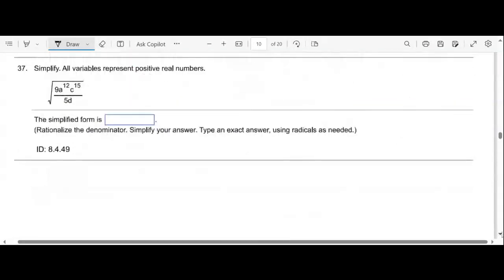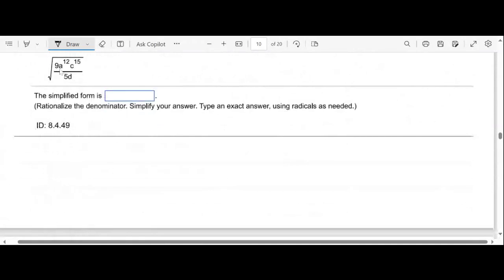All right, next one. Now I have a denominator here. I split them, okay? It's better always to split them. So I have 9, and I have a to the power of 12, and c to the power of 15, over square root of 5d. The top is easy, but the bottom is a problem here.